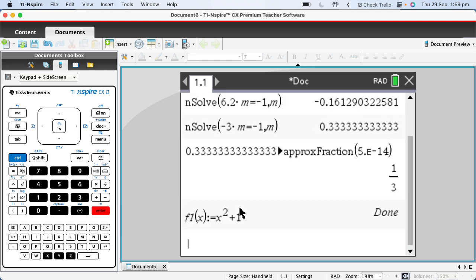Are you with me so far? Let's say now that the question says, what is f of negative 1, i.e. the inverse function of f? What is f of negative 1 of 5? Now, technically, the function's not that difficult, x squared plus 1. I'd probably just work out the inverse function and then substitute x equals 5. But you could do it like this.